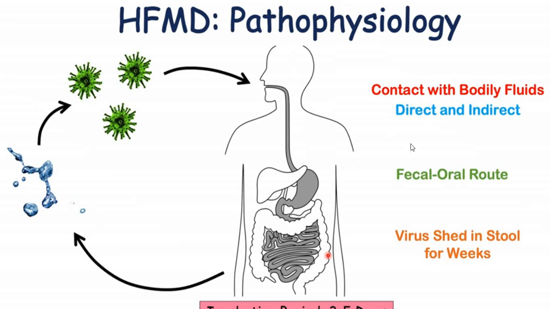Virus will be shed in the stool for a week or so. Then you get lymphadenopathy, and the virus involves the skin of the palm and foot, that's why hand and foot, and the oral cavity, oropharyngeal area.